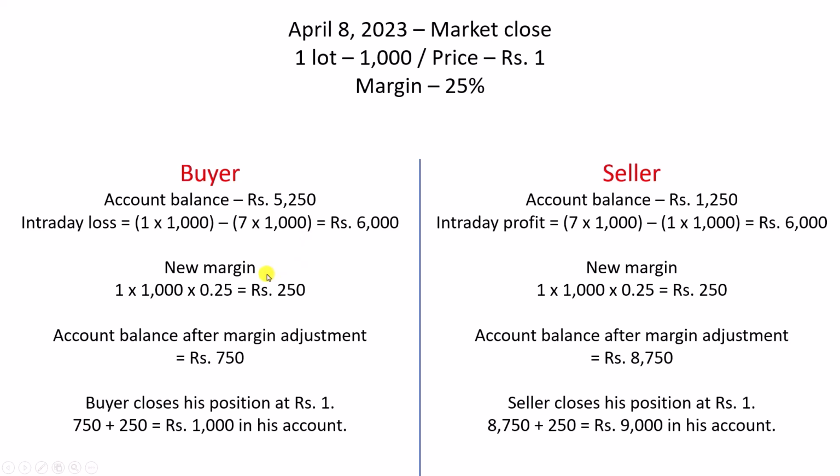Whenever you are not able to maintain the margin due to insufficient balance in the account, then the broker will say add funds to the account to maintain the margin, or else we will square off the position. If you do not do that, then we will automatically close the position. You cannot hold it for the next day. That is what they are saying.